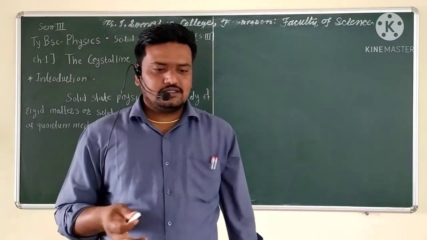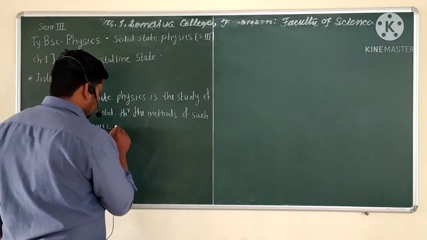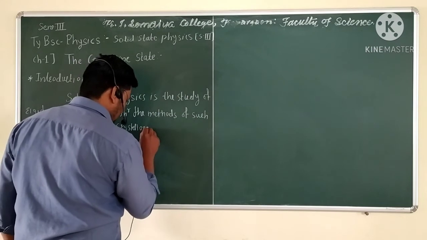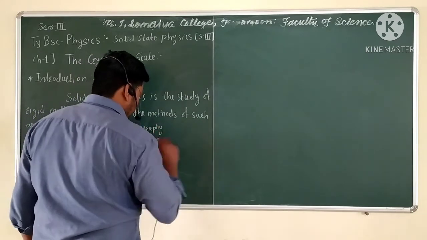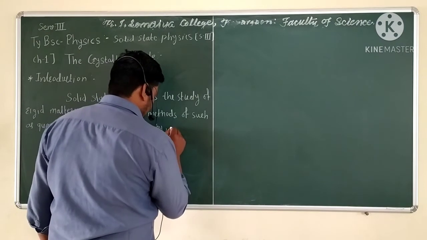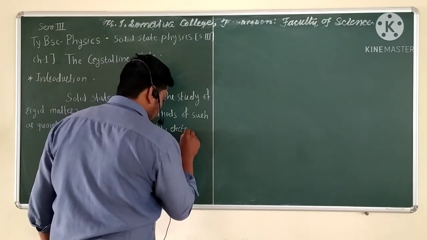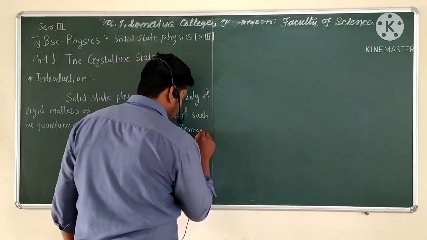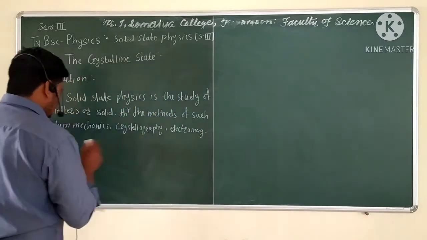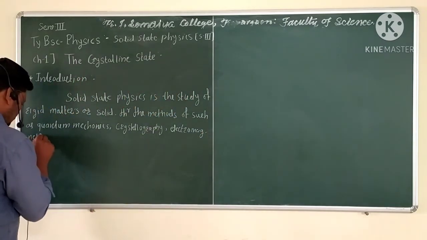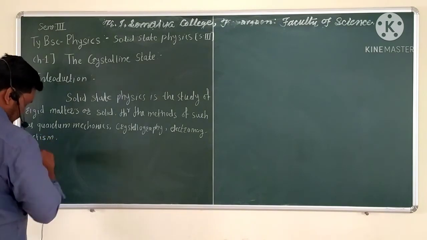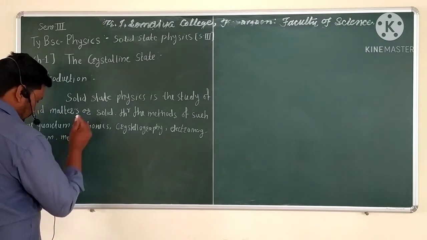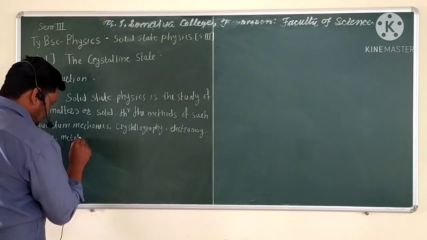After that we see the method of crystallography. Again, we see the method given by electromagnetism, which is also a very interesting concept, that is magnetism. We also discuss the methods or properties of metallurgy.